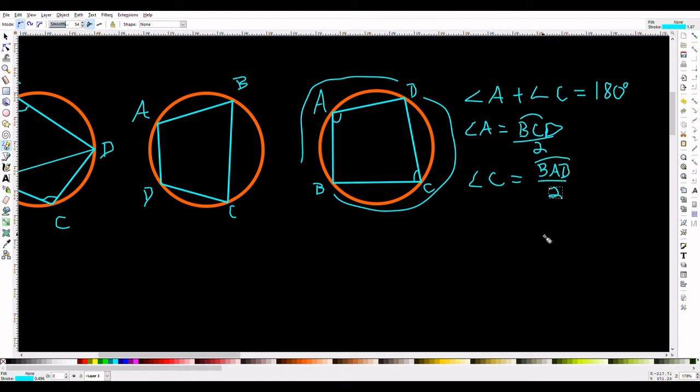And our last step is quite easy. Another way of writing 180 degrees would be 360 over 2.